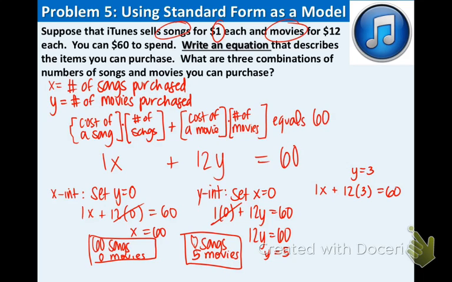Now we're just trying to figure out how many songs can you buy at the same time. So this is 1x plus 36 equals 60. Subtract 36 to the other side, x equals 24. So that means we can buy 24 songs and 3 movies.